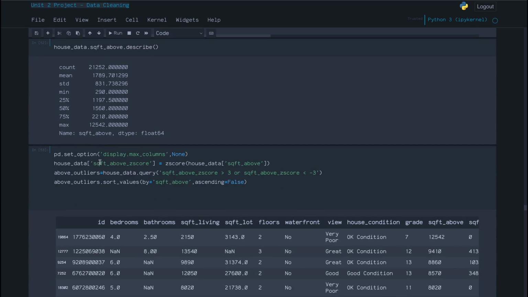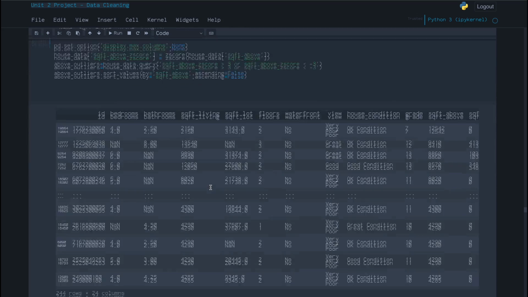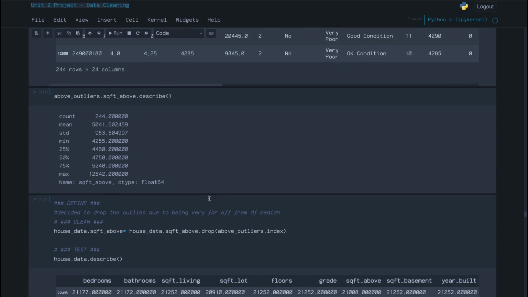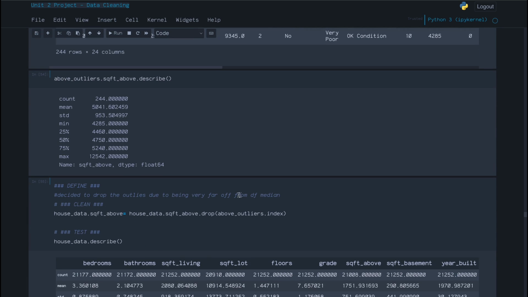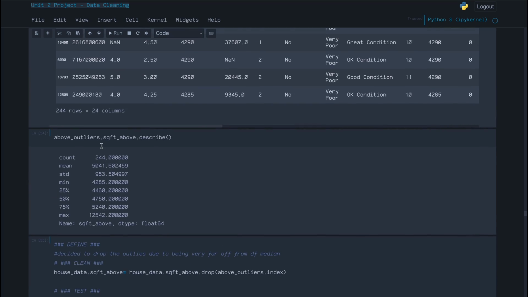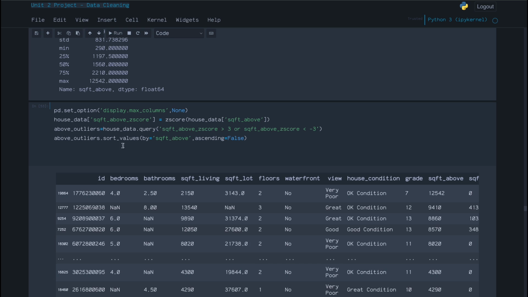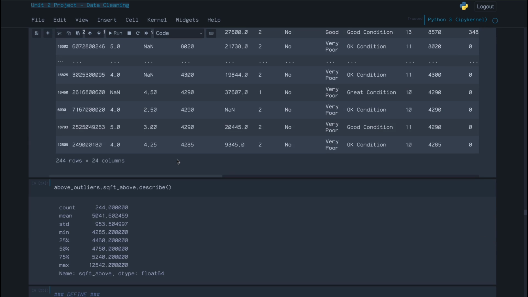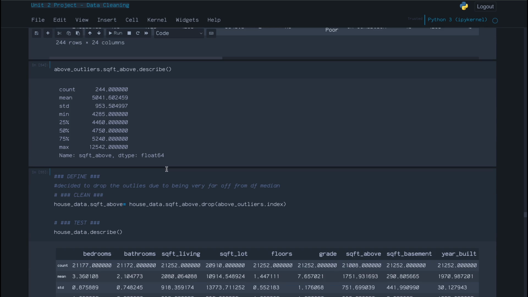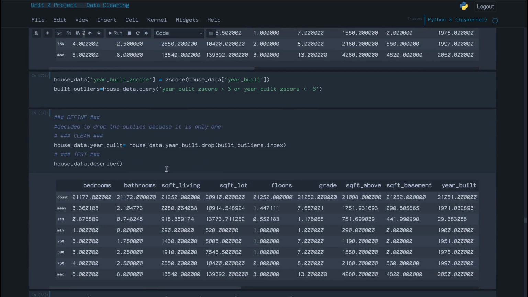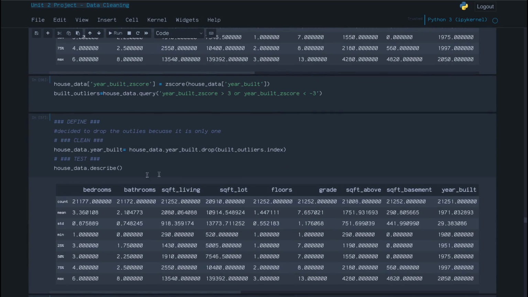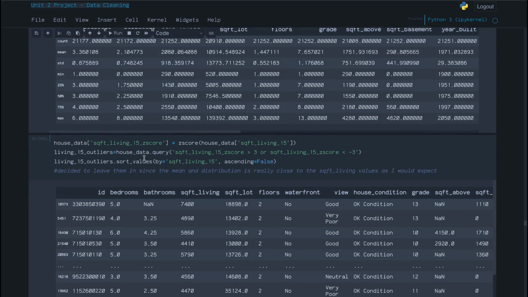And for the square foot above, I did end up dropping these because the outliers were really off from the actual data frame median for the square foot above. So I dropped these. While for the year built, it was only one. It was the year 1000, so I had to drop this anyway.